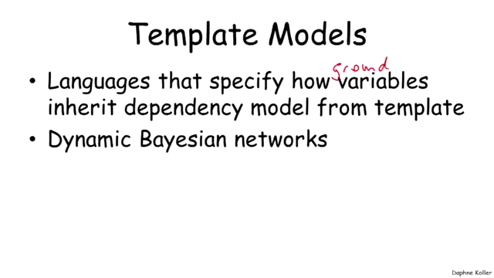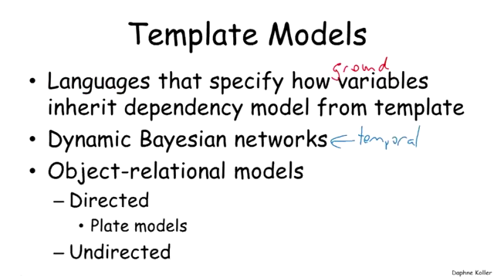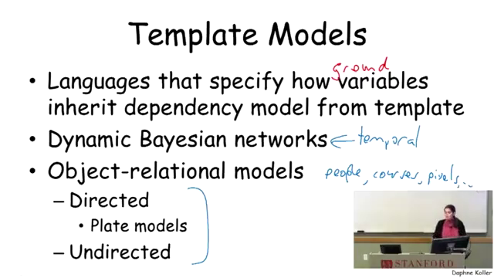So dynamic Bayesian networks are intended for dealing with temporal processes, for example, where we have replication over time. We have a whole range of languages for object relational models, both directed models and undirected models, where you have multiple objects such as people or students and courses or pixels. So people, courses, pixels, and lots of other things that can be related to each other in different ways. And how do you represent the dependency model over that ensemble in a coherent way?